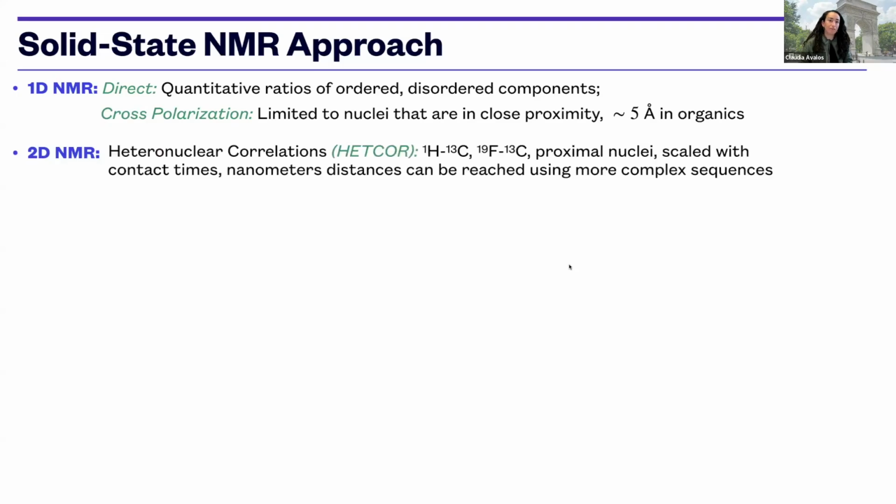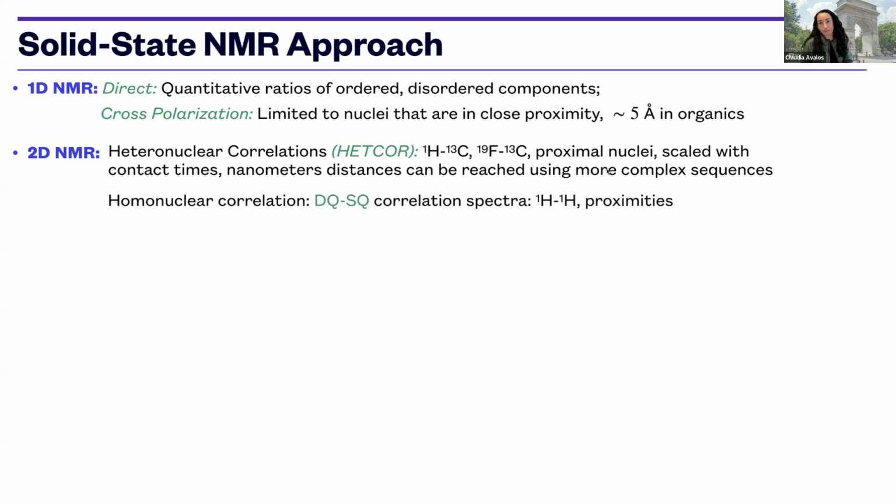In 2D NMR, HETCOR is also a workhorse, with all of these HMQC-type and HSQC-type experiments. This allows you to scale contact times and assess various distances between different nuclei in the system. You can use different types of recoupling and decoupling sequences to reach longer distances.